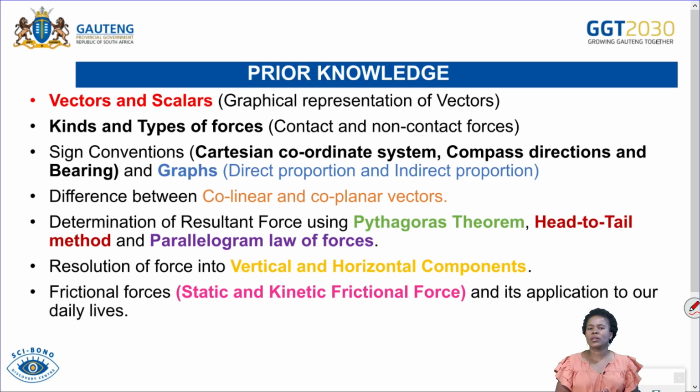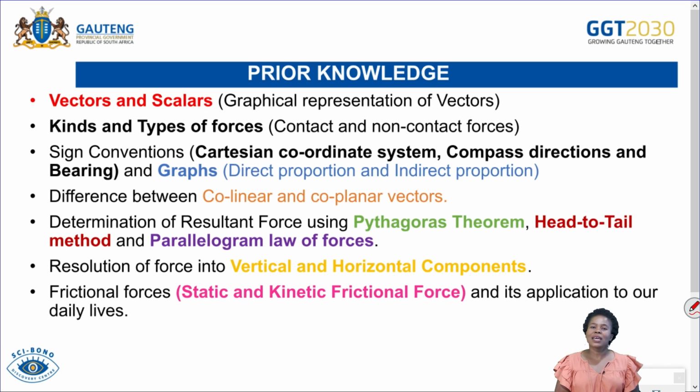Okay, which one should we be using? Which one is a vertical? Which one is a horizontal? Understanding that your vertical is your y and your horizontal is your x, as well as by now we should be knowing how to calculate your frictional force.